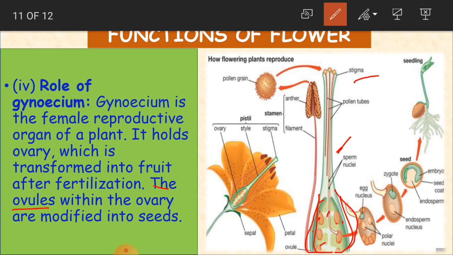So these things are modified into seeds like this. You can see the picture representation here, children, of how this ovary transforms the ovules into seeds, and again how this seed gives birth to a new plant. Clear children? So these are the functions of flowers.